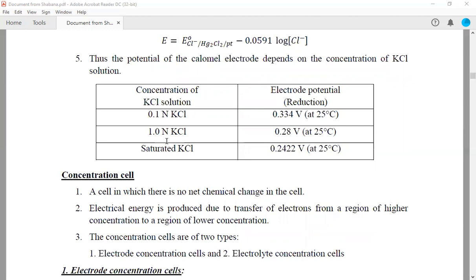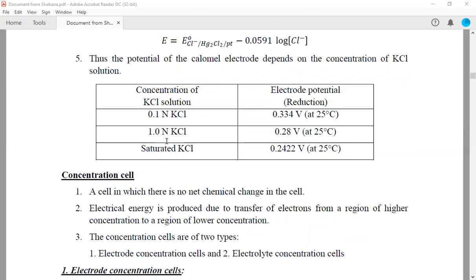In this, the electrical energy is produced due to the transfer of electrons from the region of high concentration to the region of low concentration. This is the basic principle in the concentration cell.